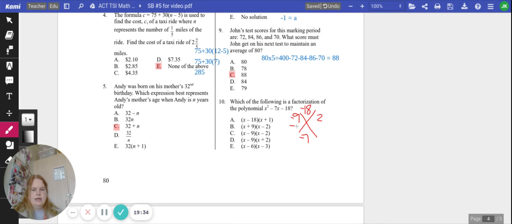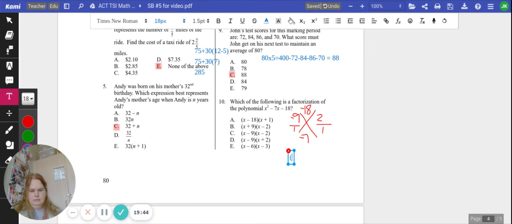Divide by a, the number in front of x squared, which is 1. So my parentheses are x minus 9, x plus 2. And that equals D.